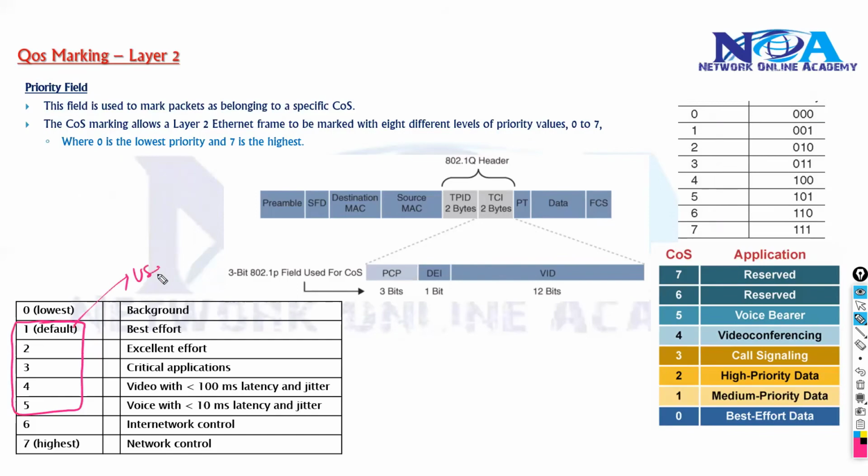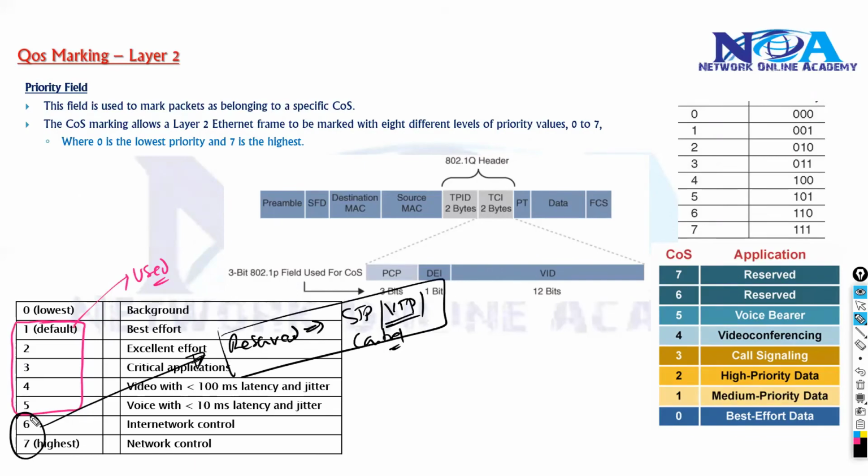These are what is typically used, whereas 6 and 7 are reserved for control traffic, like your STP messages or VTP messages. These are typically your high priority traffic, so probably your control plane traffic.